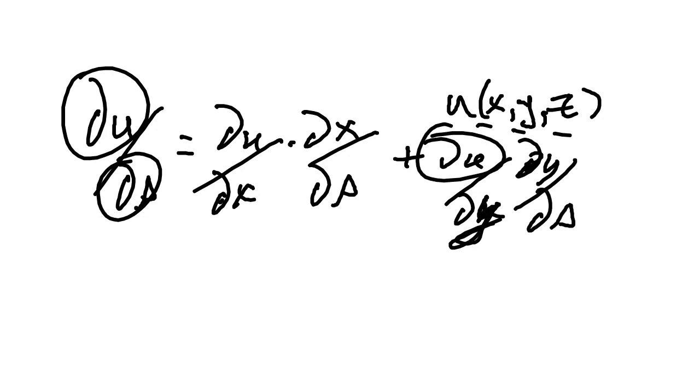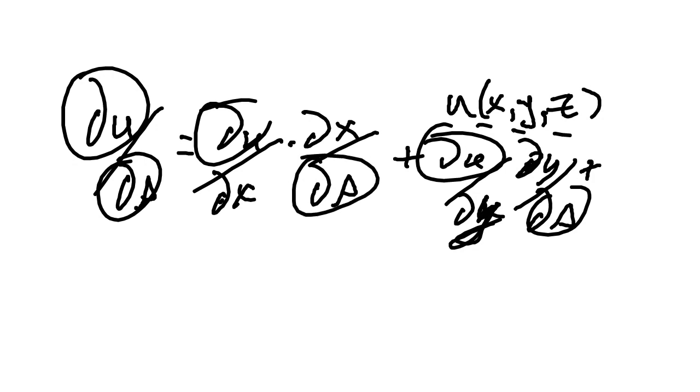Once again, these are the start and finish, and I need to do it for every single variable. So I've got one more: plus the partial of u with respect to z times the partial of z with respect to the finish line, which is s.